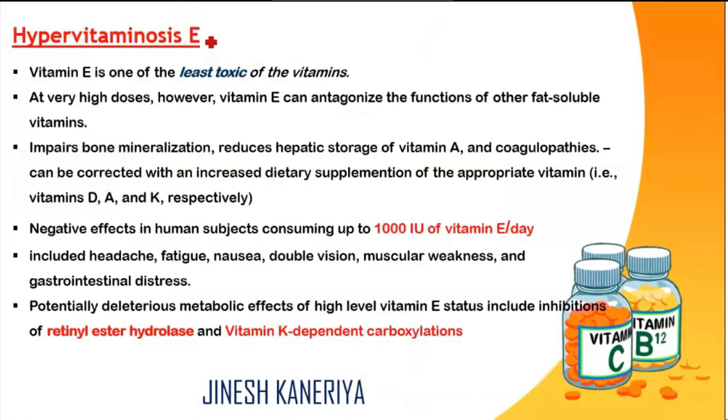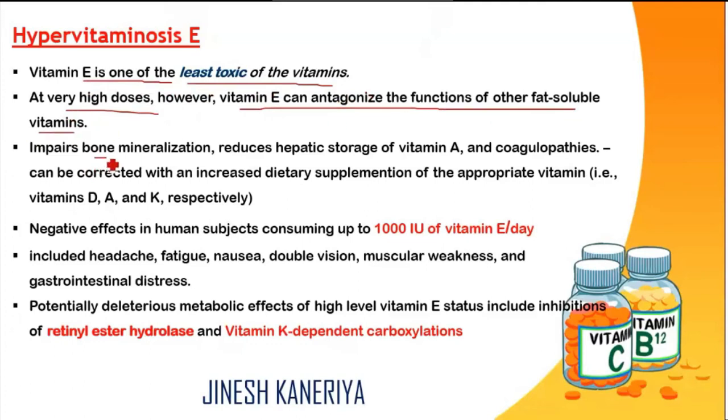Hypervitaminosis E. So what is the condition in which vitamin E is increased above normal? In hypervitaminosis, vitamin E is one of the least toxic vitamins compared to other types of vitamins. A very high dose of vitamin E can antagonize the function of the other fat soluble vitamins.